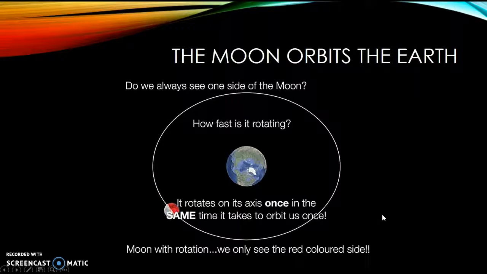We will only see one side. Watch it again. What's depicted as the white side of this moon in this video is what we call the far side of the moon. We will never see it as it orbits the Earth.